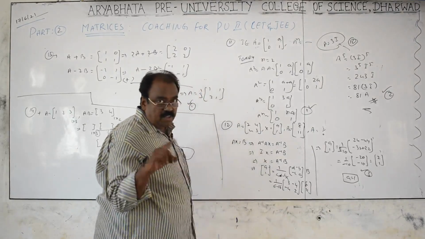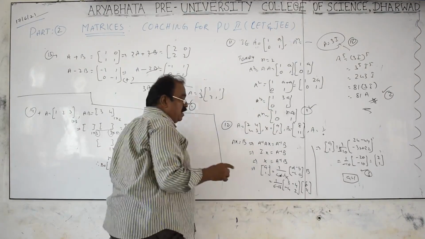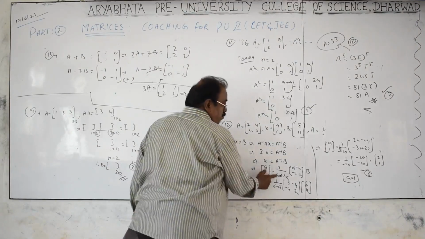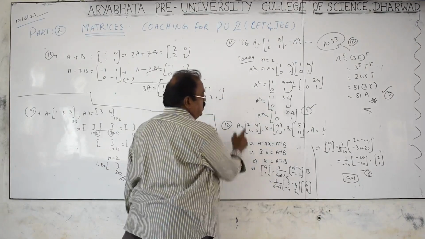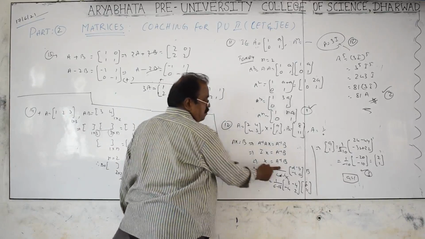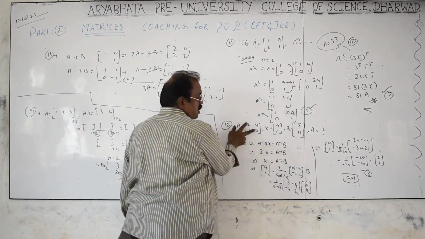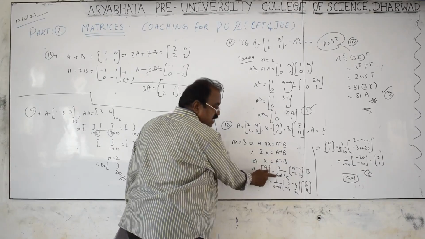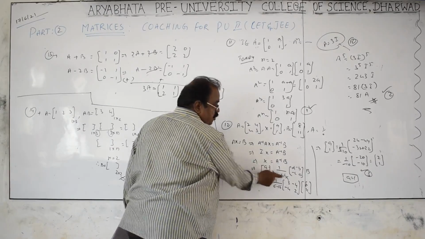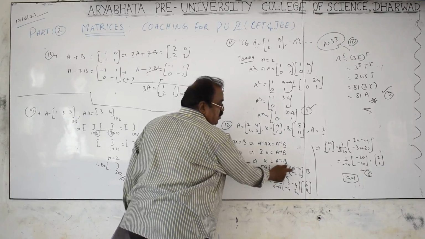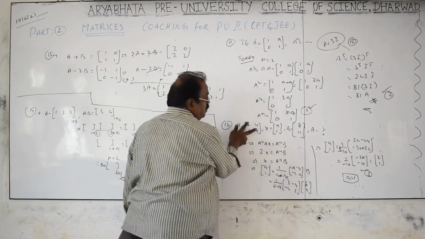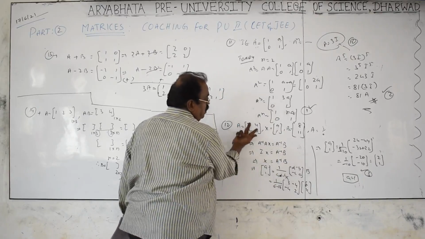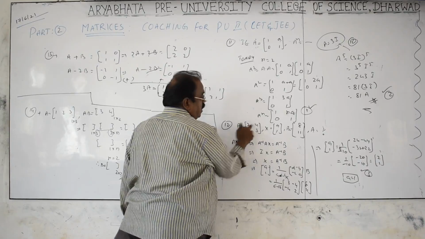Finding A inverse for a 2 by 2 matrix is very simple. If it is [a b; c d], the formula is 1 by (ad minus bc) into adjoint A, that is 1 by det A into adjoint A. In a 2 by 2 matrix, you just swap a and d, and it is minus b, minus c.